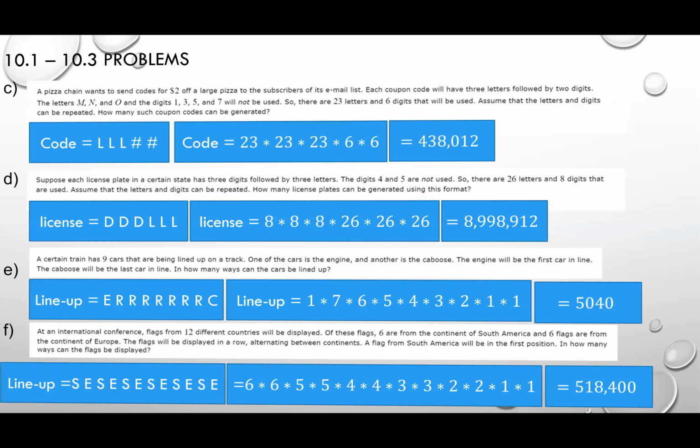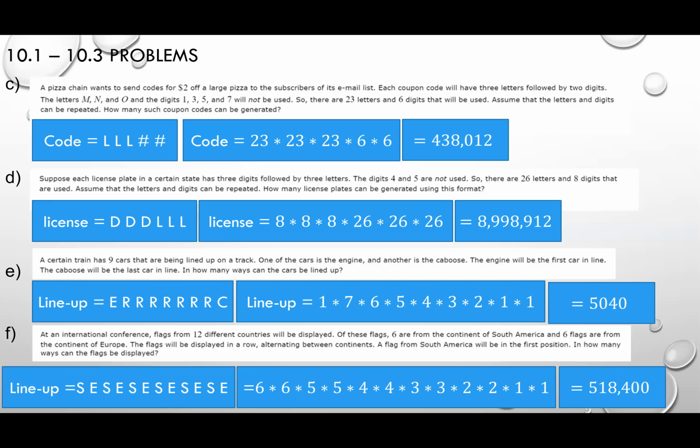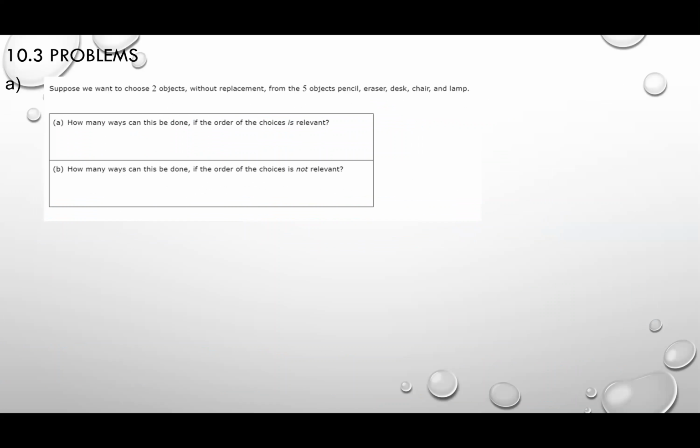Okay. And if you look at this problem here, they say that you are choosing 2 objects from a group of 5 objects. So when you choose a small number from a group of a bigger number, that's when your permutation or your combination material will come in.